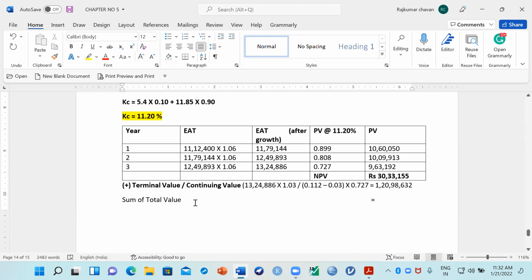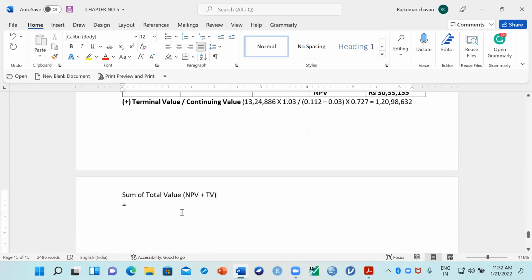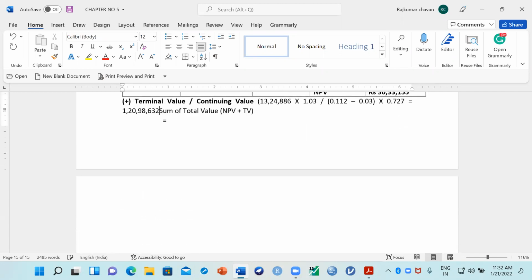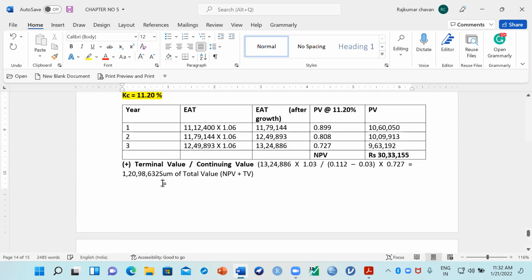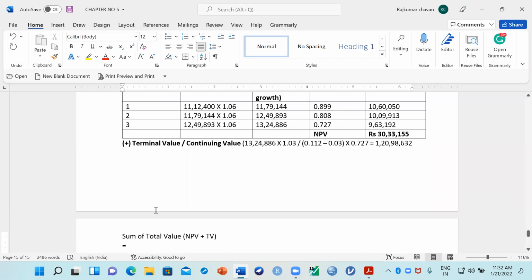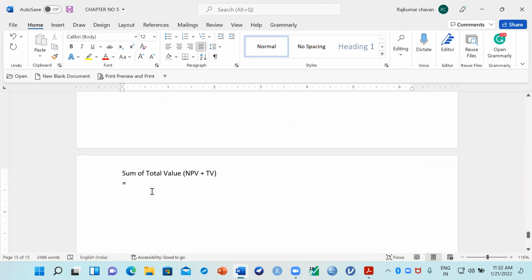So how do we calculate the sum total value now? Your NPV plus TV, terminal value. Calculate and tell me what value you are getting here. The sum total value, or we can say the total value of this restaurant, is how much?